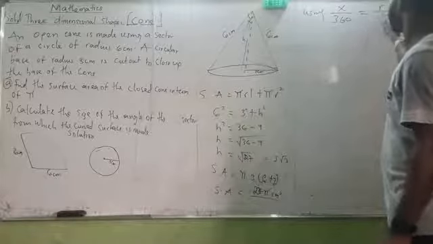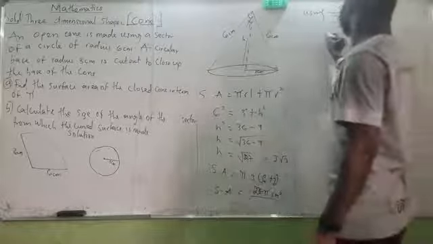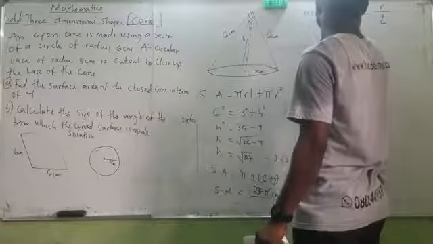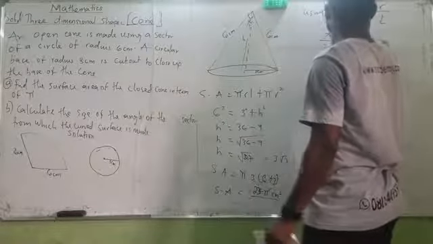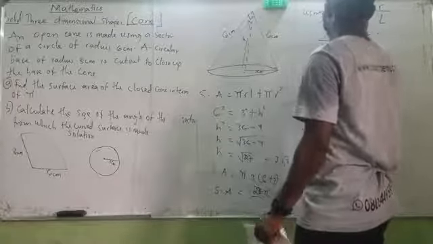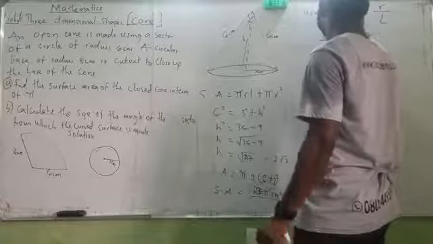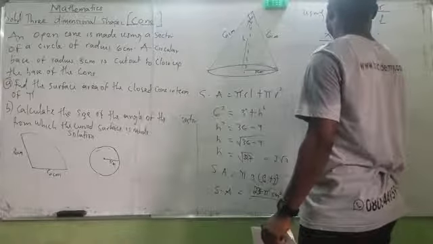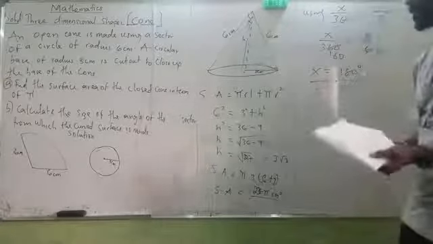Now, X all over 360 equals 3 all over 6. Here 1, here 2. Here 1, here 180. It means my X will be 180 degrees. That is my X.